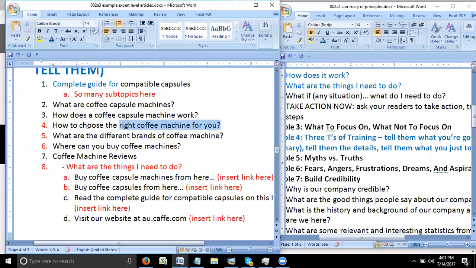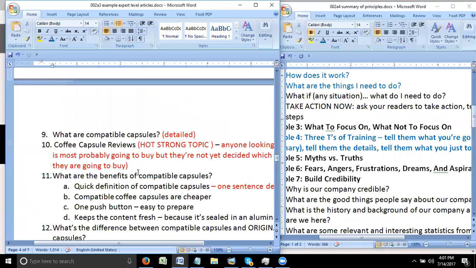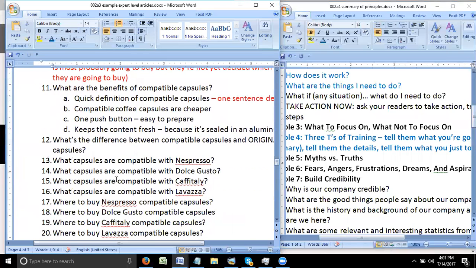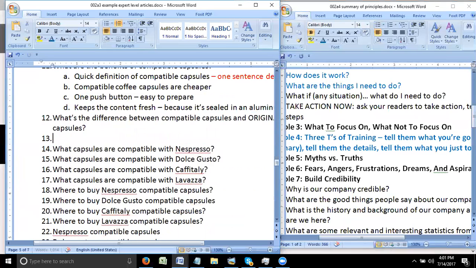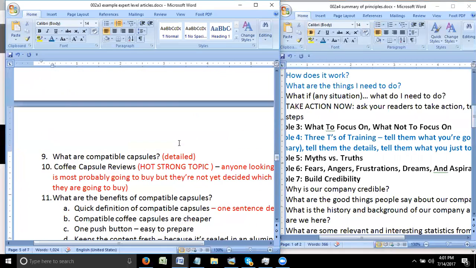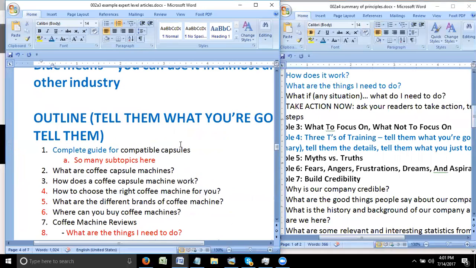And I just got another idea from this. We can also do it for how to choose the right coffee capsules for you. Did we already have that?